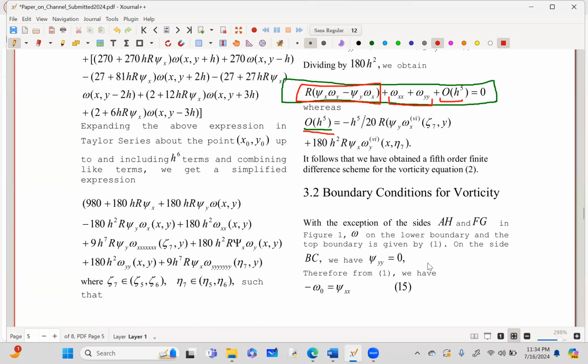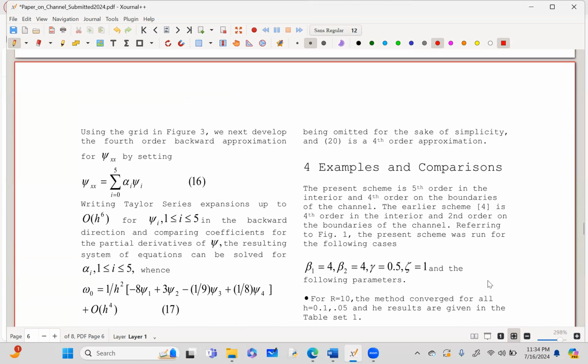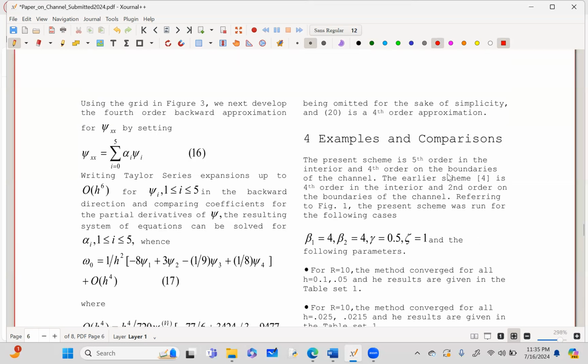Okay, so the boundary conditions for the vorticity are done in a similar way, so I will not get into those details. We will just look at some examples and comparisons. Some of the well-documented results, which are given in the reference, indicate how the present scheme shows superior convergence and better accuracy.